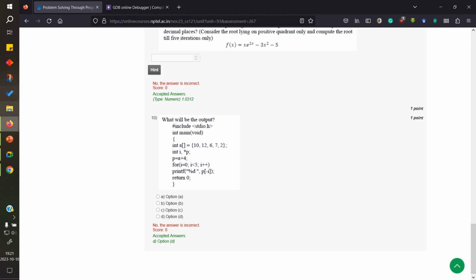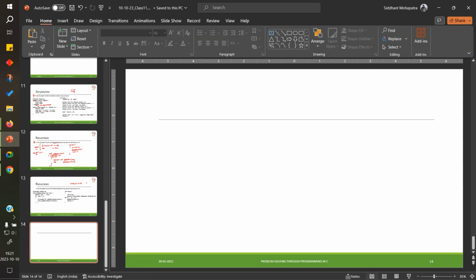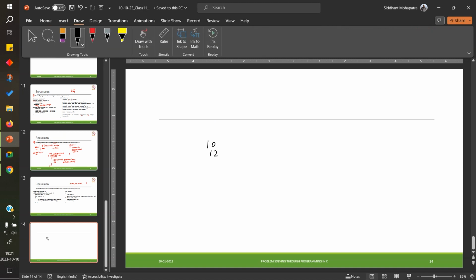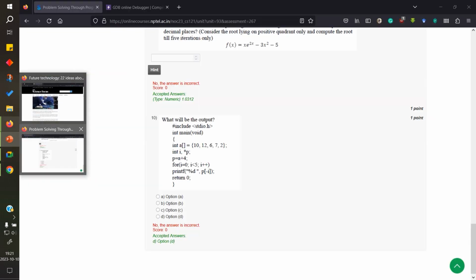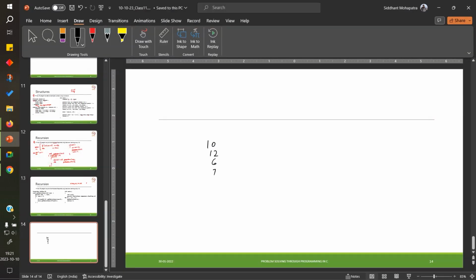Let me see if I can write this down. 10, 12, and 6, 7, 2, something like that. So these are the different arrays. Can you see me writing?